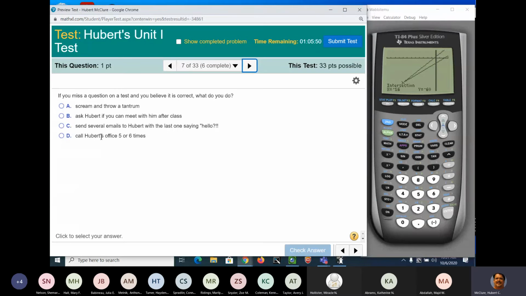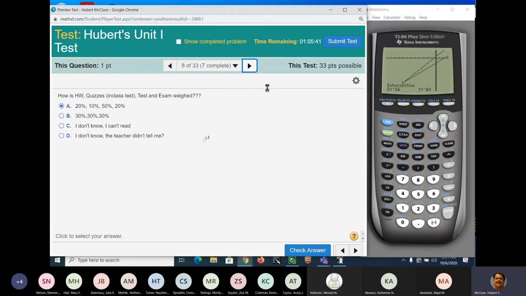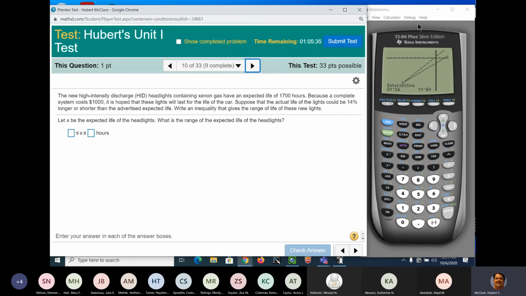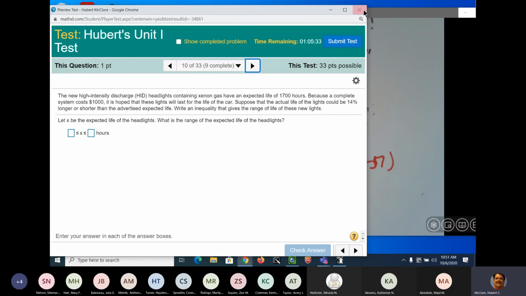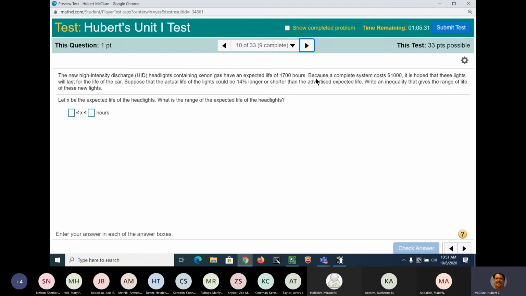If you miss a question, scream and throw a tantrum. The only one that equals 100 takes the highest grade. A new high-intensity xenon gas headlight has an expected life of 1,700 hours.